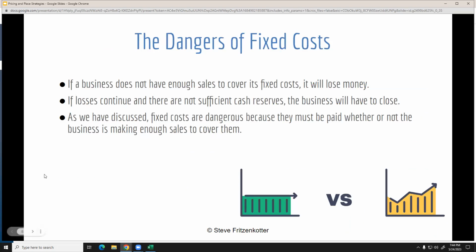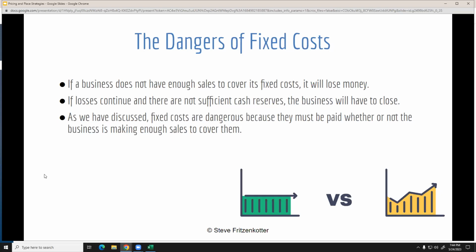So the problem with fixed costs is they're dangerous, because fixed costs are what drive businesses out of business. That's why 80% of small businesses fail in the first couple of years, because the fixed costs don't change.